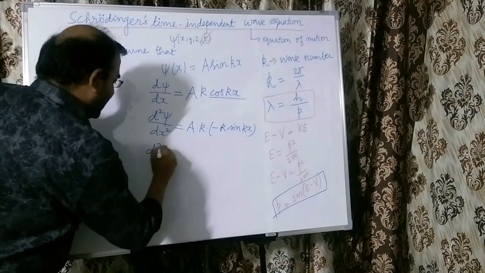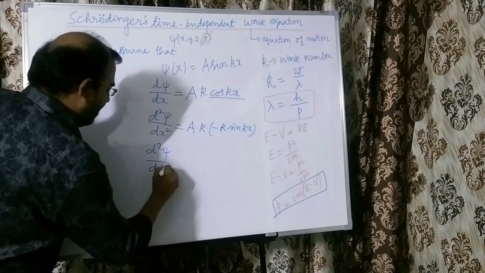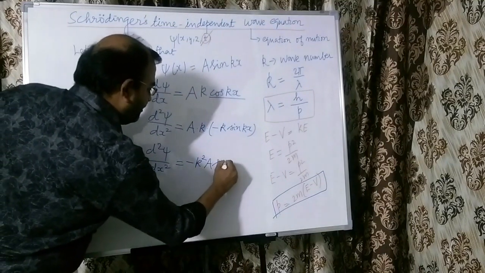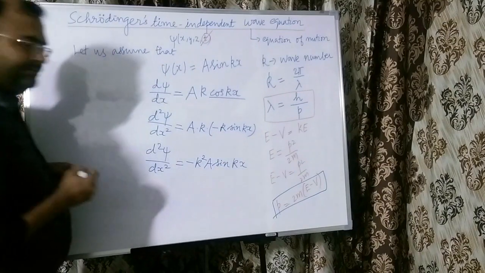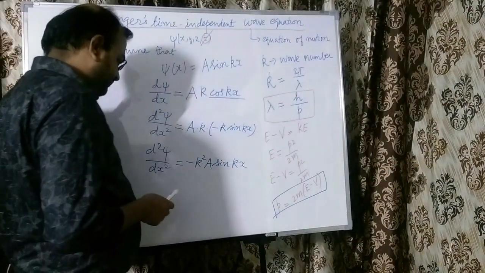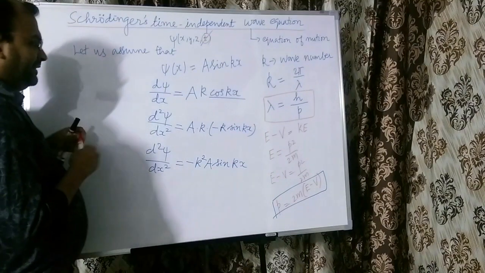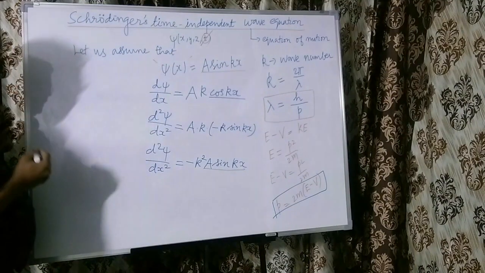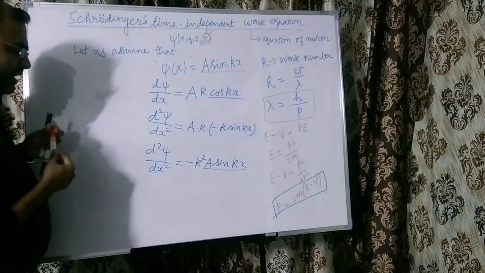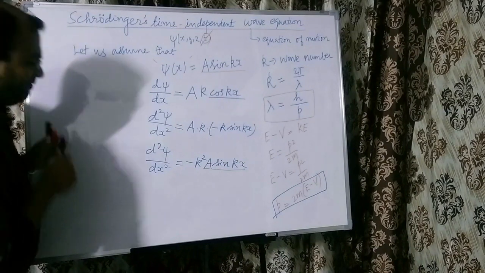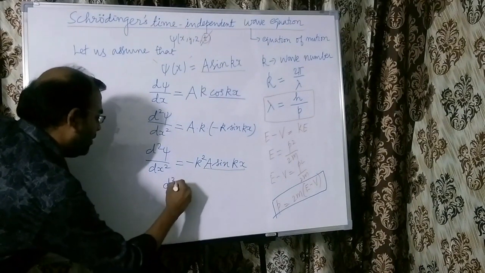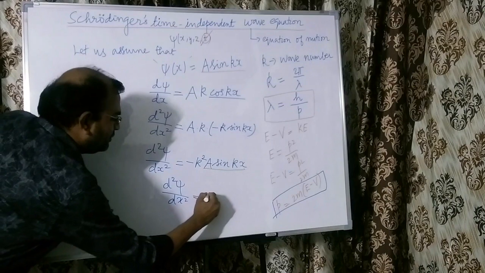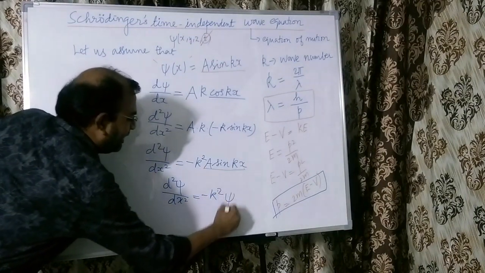Therefore, the second derivative of the wave function psi happens to be equal to minus k square A sine kx. Right. This is again nothing but the originally assumed wave function psi. So this can be expressed in terms of the original wave function. Therefore, the equation now happens to be d square psi by dx square is equal to minus k square psi.